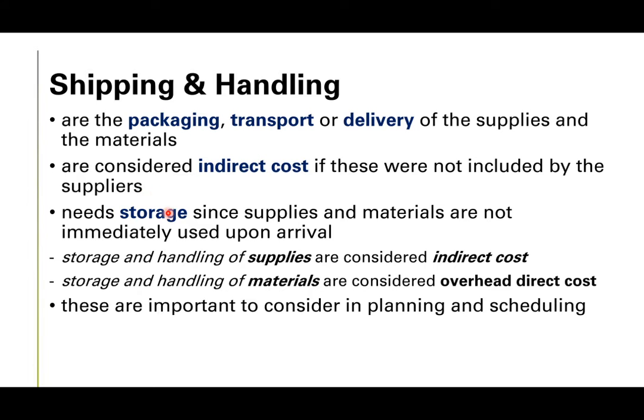Now it needs storage since supplies and materials are not immediately used upon arrival. So, storage of these materials and supplies incurs expenses, which we call storage fee. So storage and handling of supplies are considered indirect cost.